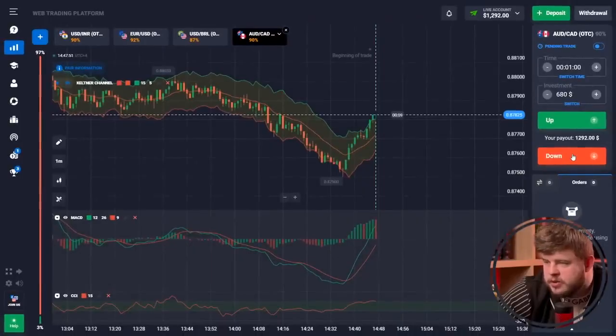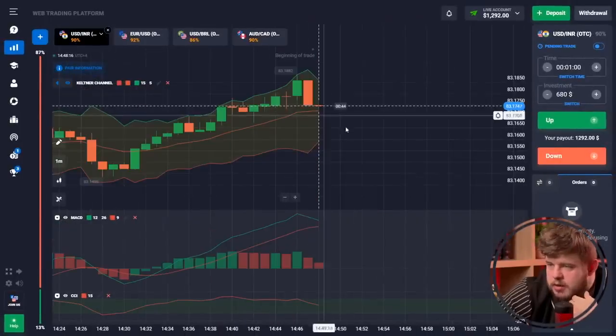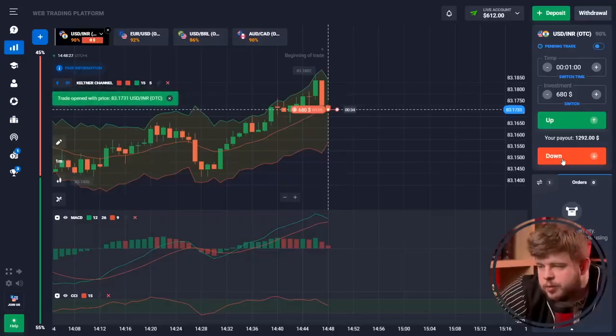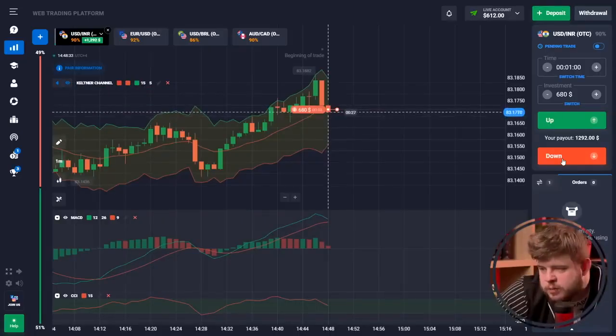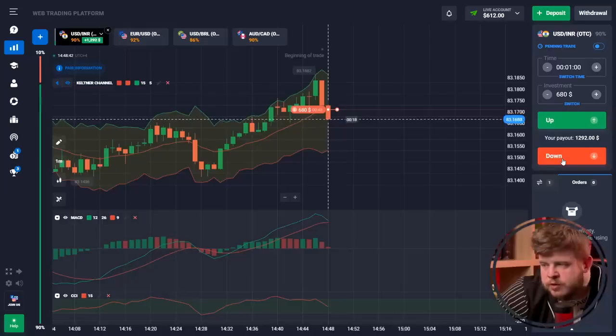Now let's think about the next one. Use the INR currency pair. Okay, so here I'm going to open short position once again. As you can see, we are breaking through the middle line of the Keltner channel. After this, I'm expecting the continuation of the current drop. That's why in continuation of this movement, we have opened short position.